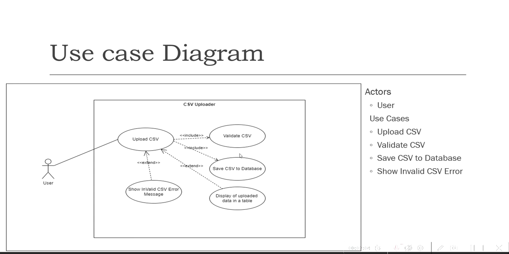After that, if there are no errors in the CSV file, then a confirmation message will be given to the user in this display of uploaded data in the table use case. In case there are any errors in these steps, we are going to show the invalid CSV error. What these relationships are, I have explained in the previous video, so please go through it. Now let's move on to identifying classes based on the use case diagram.